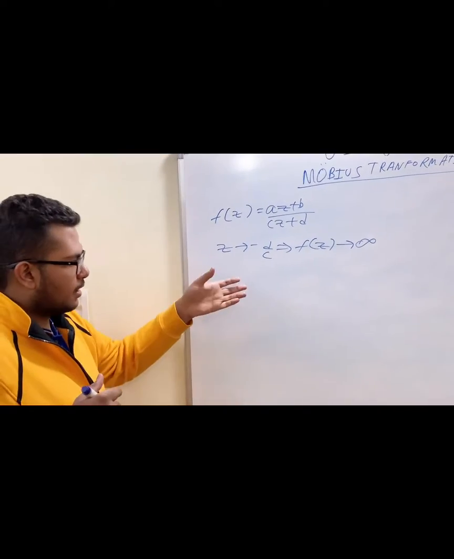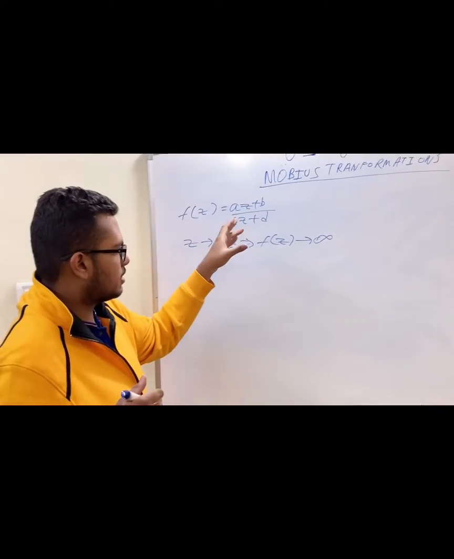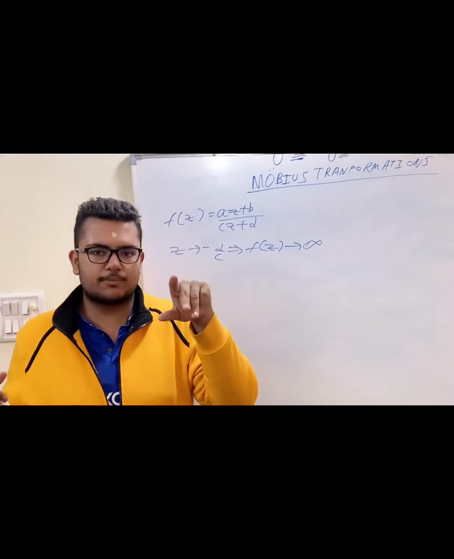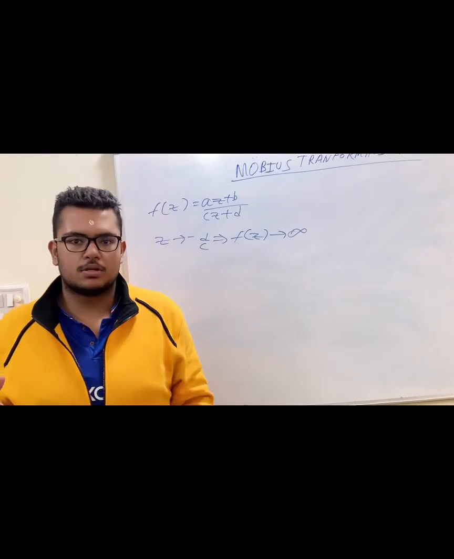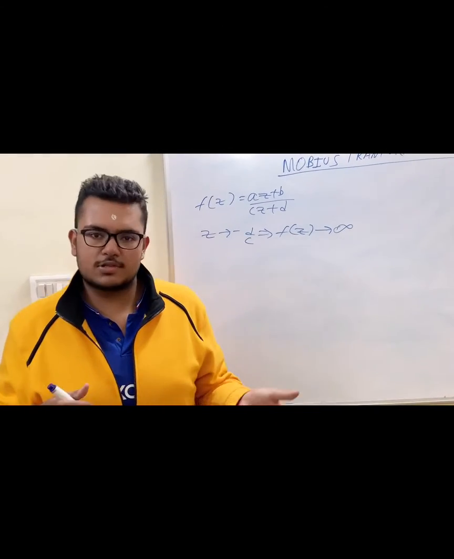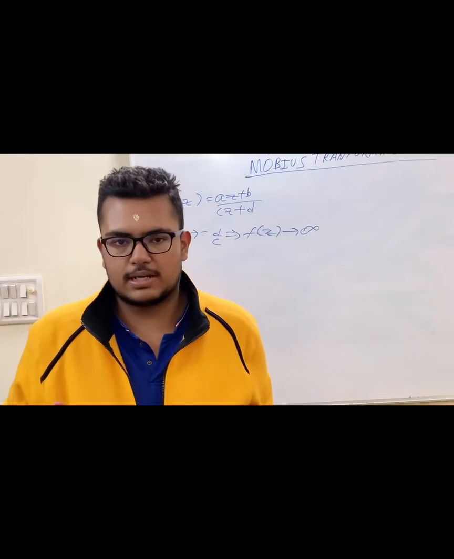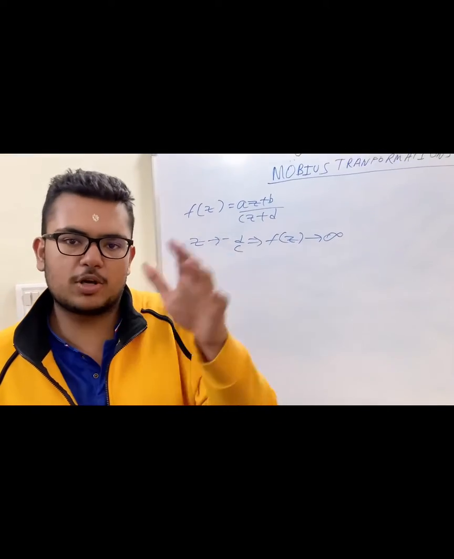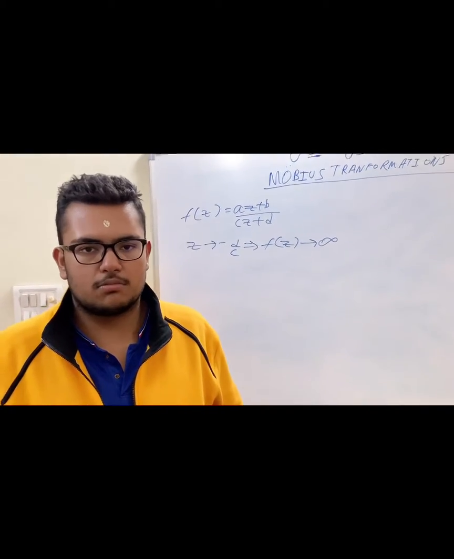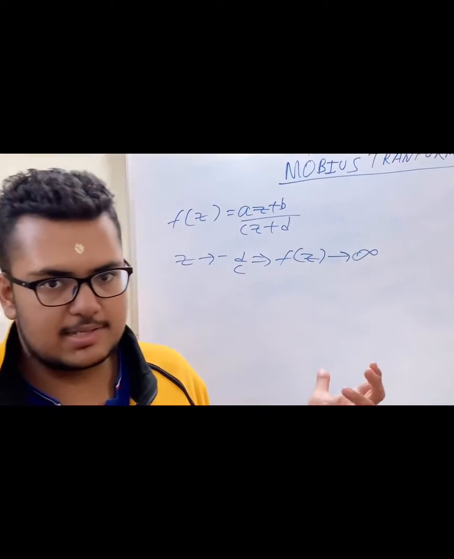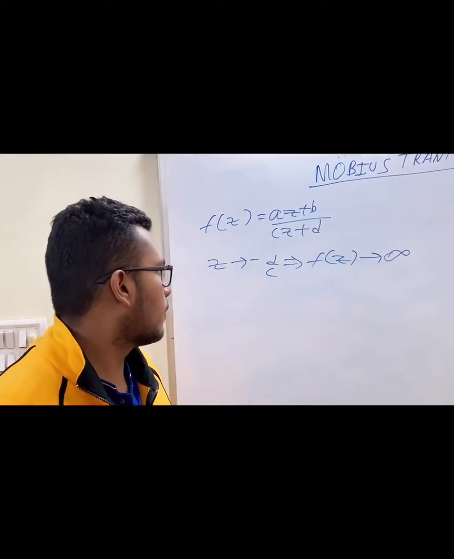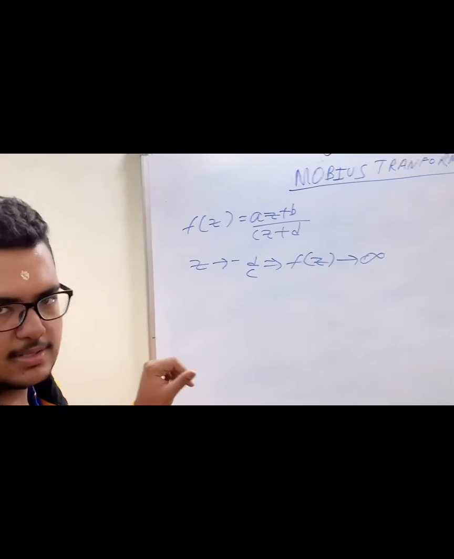In the previous case, we had that all the points at infinity are just mapped to one point, 0. If I were to change c and d, the mapping of infinity is still 0. But here that will not be the case. Let's see why.